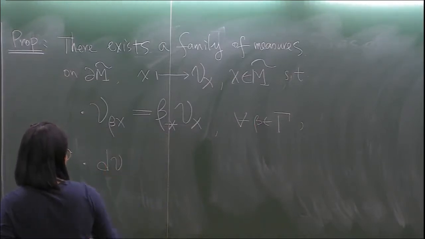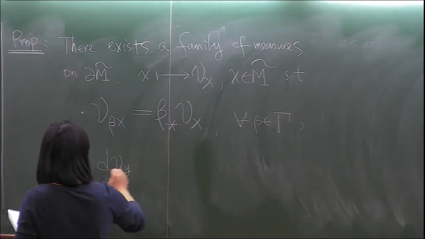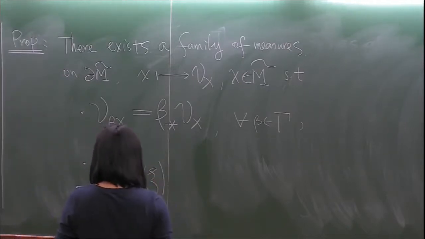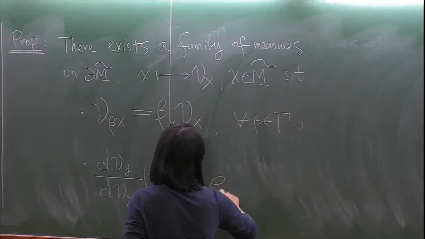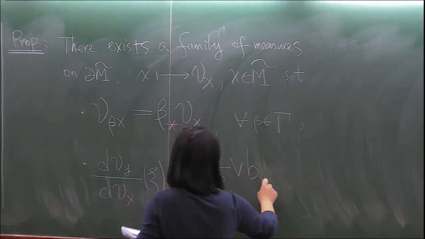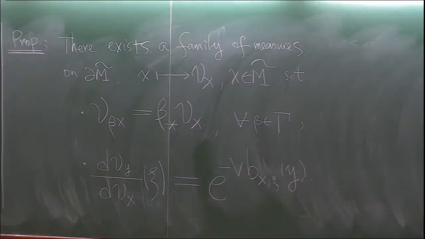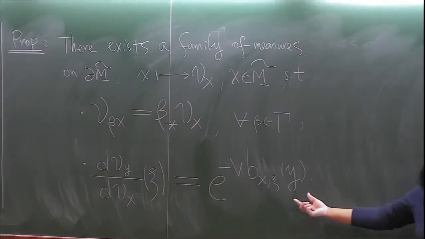And the second thing is that the Radon-Nikodym derivative equals minus v, vx, cy. Okay, so you will see if you want to construct this nu x as a kind of Hausdorff measure at the boundary, actually the Busemann function will appear naturally.